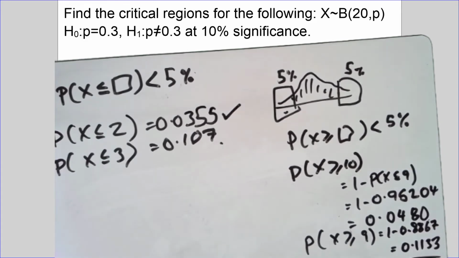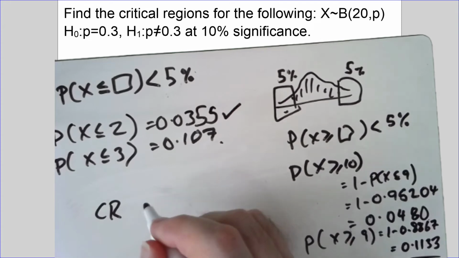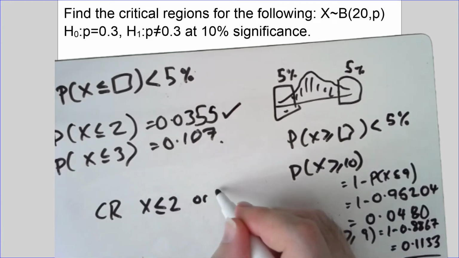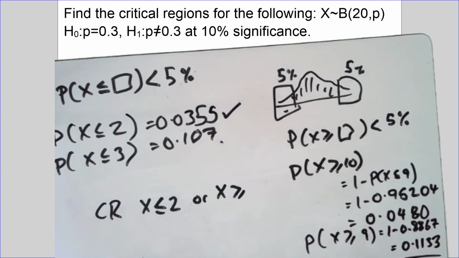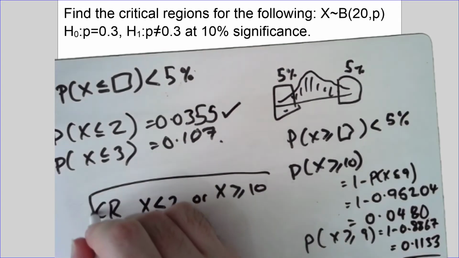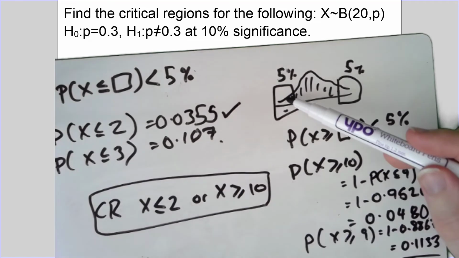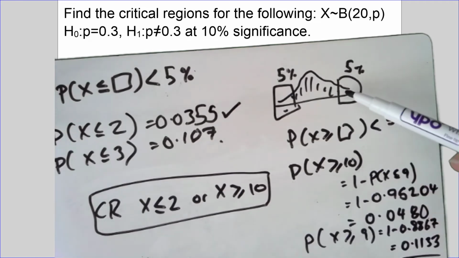So our critical region is actually x is less than or equal to 2, or x is greater than or equal to 10. So that gives us our two bits of critical region. We've got this bit of critical region here for the less than, and this bit here for the greater than part.